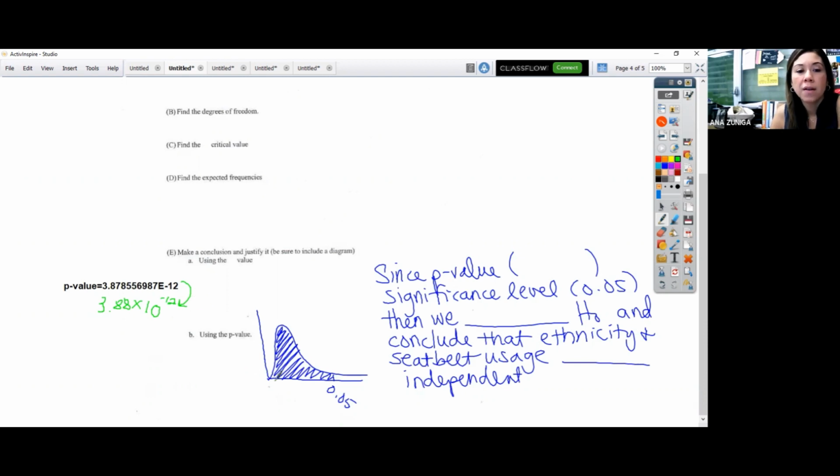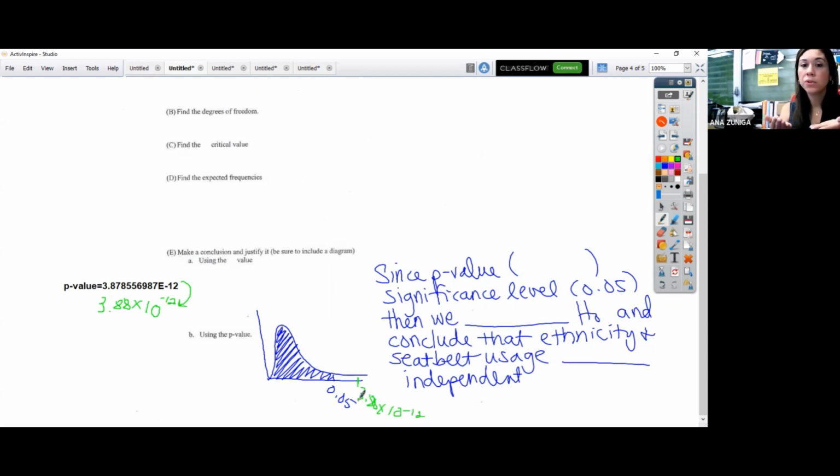So in terms of area under the curve, it's a very, very tiny amount of area. So this p-value is way out in the far right because the area is so tiny. 3.88 times 10 to the -12 is going to go way out here.